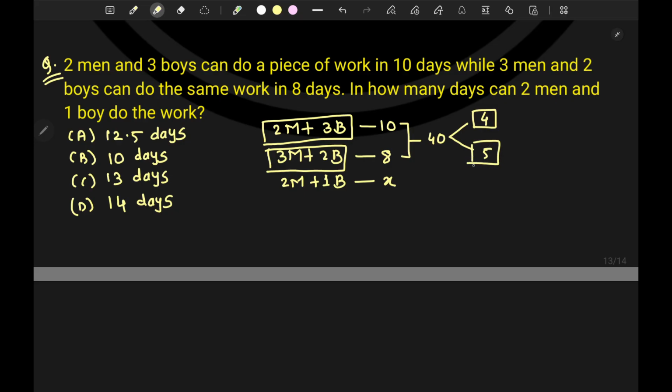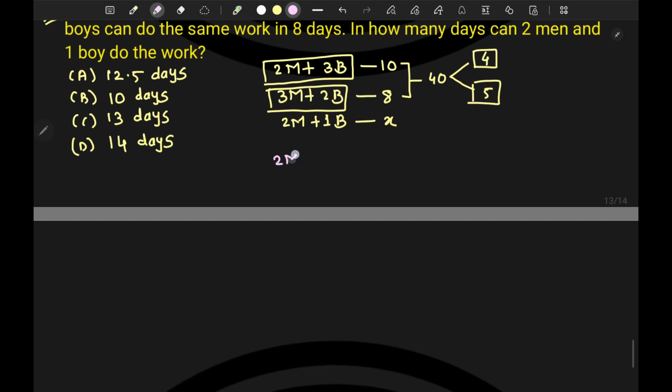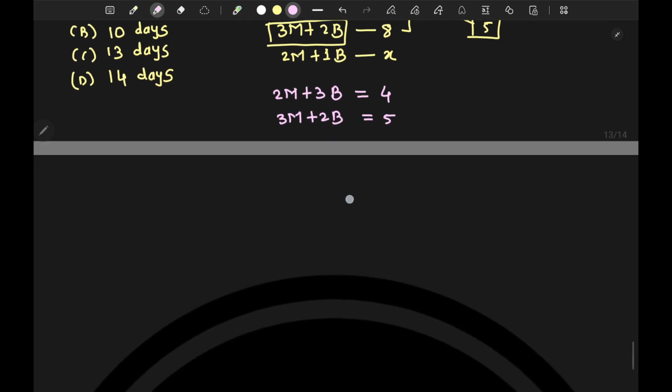Well, 5 portion of work they will complete, right? So this is clear. We are going with the earlier concept only. Now can I say that these two men and three boys are completing the 4th portion of the work in one day. Similarly, three men and two boys are completing 5 portion of the work in one day.